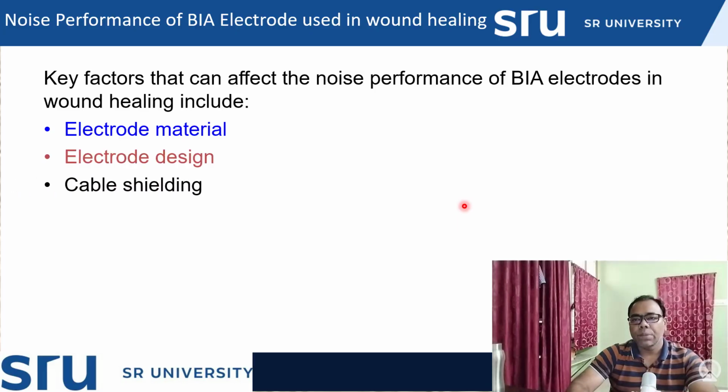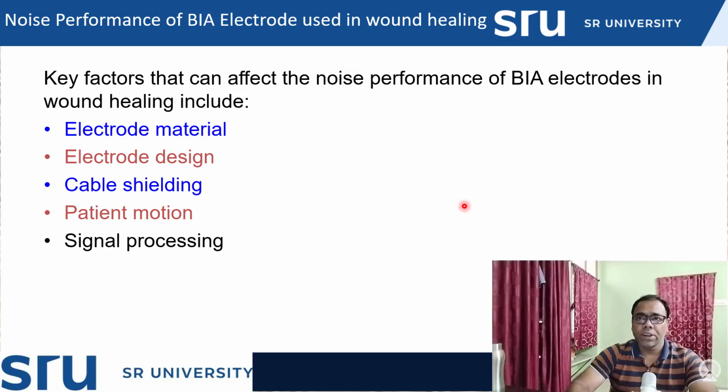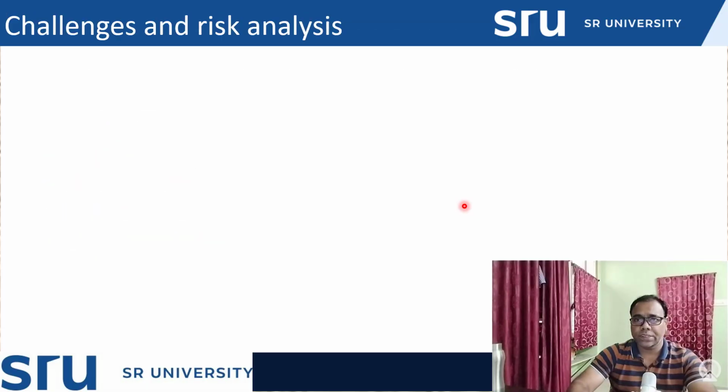Similarly, cable shielding, because the electrode is connected with different cables, so proper shielding of the cable is also very important. Similarly, patient motion and movement have to be stopped by any means. Similarly, how the signal is processed is also one of the important factors.